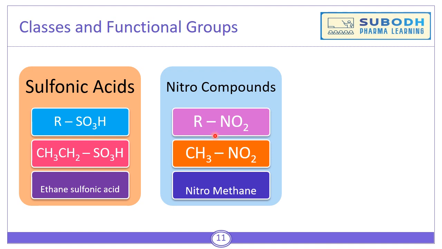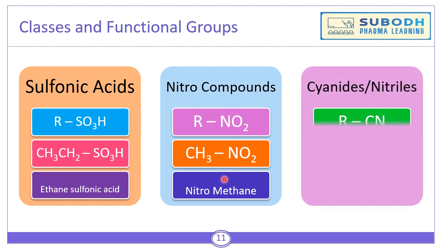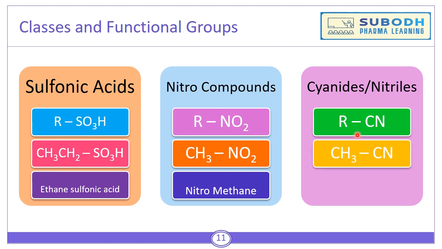For example, nitromethane. In cyanides, the CN group is attached to the hydrocarbon portion. For example, methyl cyanide. These are the various functional groups.